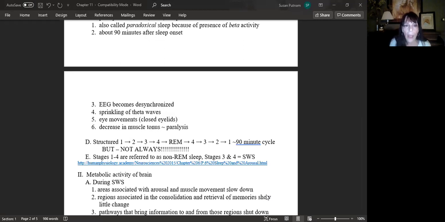Okay. Now moving down, and again, we're in non-REM sleep, to stage 2. You're going to start seeing the appearance of sleep spindles, right? And K complexes. Let's scroll up a little bit. So what do these look like? Here, sleep spindles.